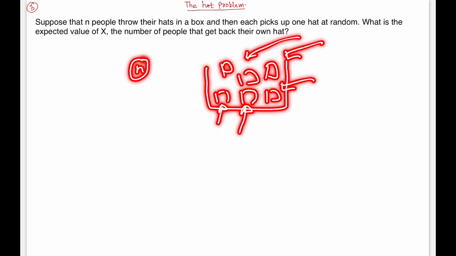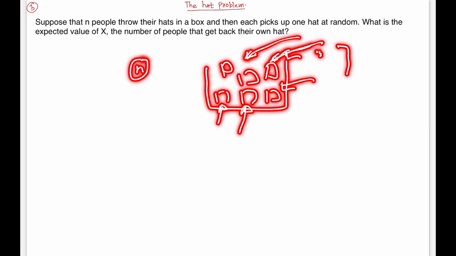So there is a possibility that they will get their own hat back, or they might not get their own hat back, right? Since they are picking randomly, maybe they will pick someone else's hat, but there is also the possibility that maybe he or she will pick his or her own hat, right?